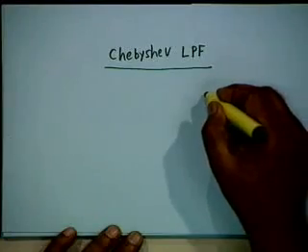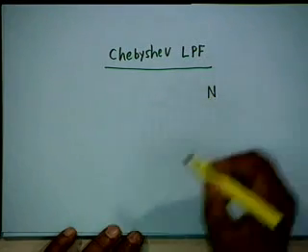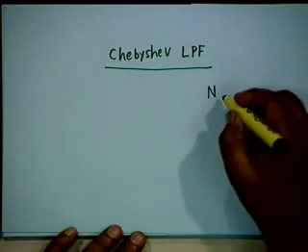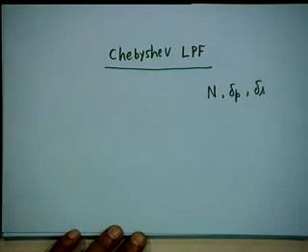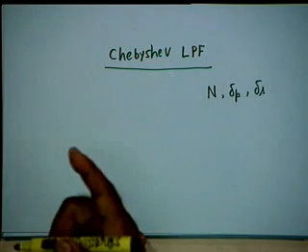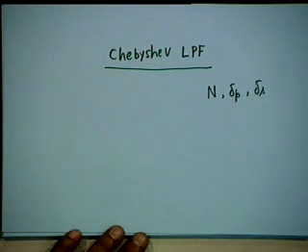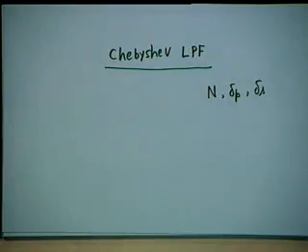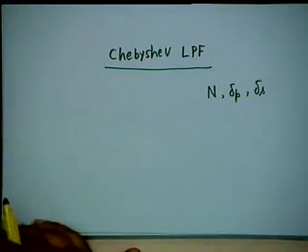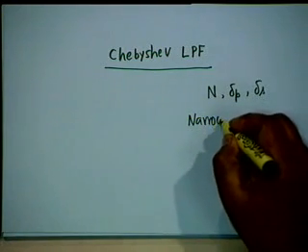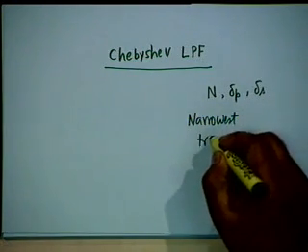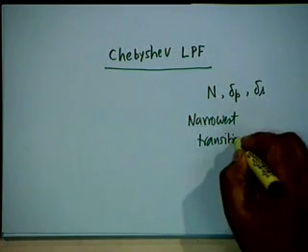Optimum means that for a given omega p, for a given capital N and delta p and delta s, for a given order and the same tolerance, the Chebyshev LPF, of all pole filters that are possible, will give the narrowest transition width, narrowest transition band.